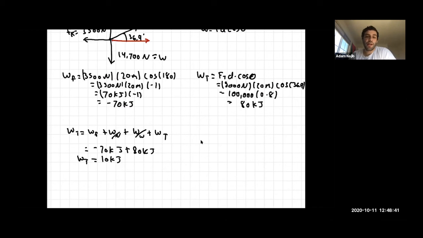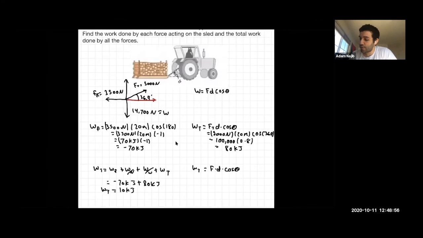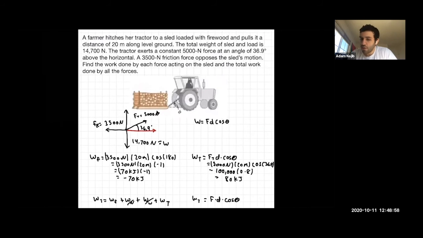Or we could do it a kind of easier way. We already know that work total is just force times distance times, again, cosine of the angle between them. And if we go back to our original question, we can tell from the information we're given that it travels 20 meters.